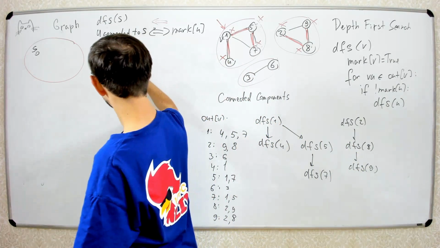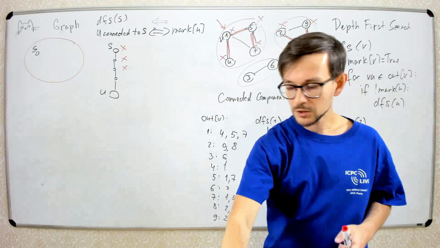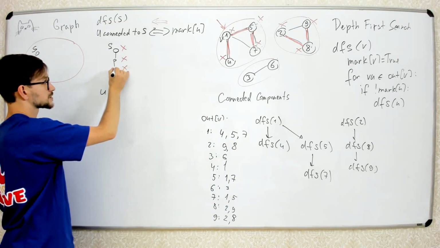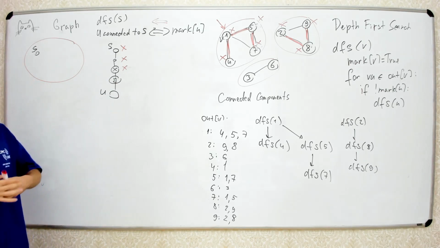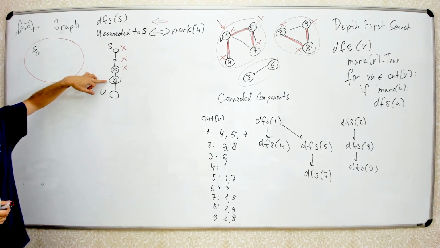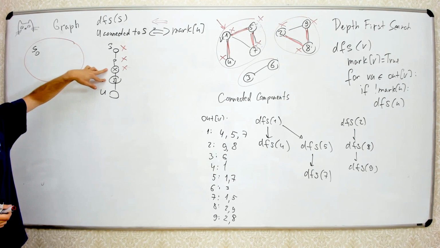So from here, this is marked, and this is not marked. Let's say node X and Y. So on this path from S to U, we have some node X which was marked, and some node Y which wasn't marked.